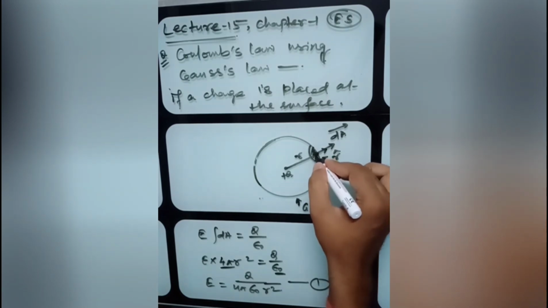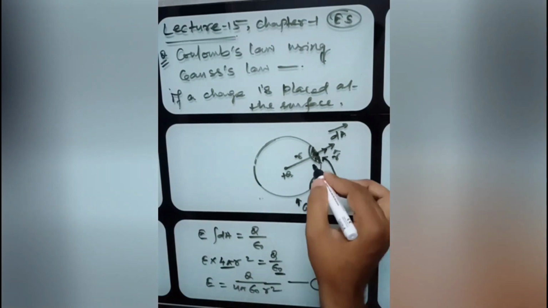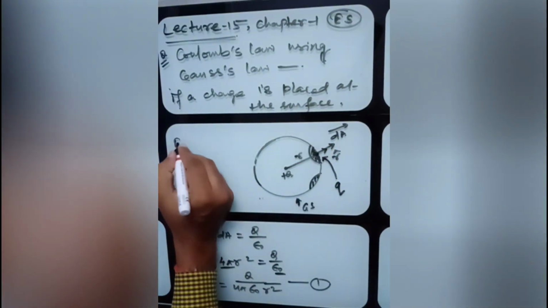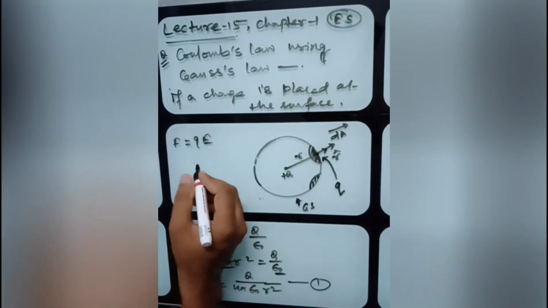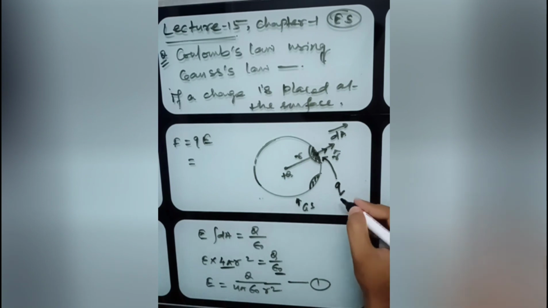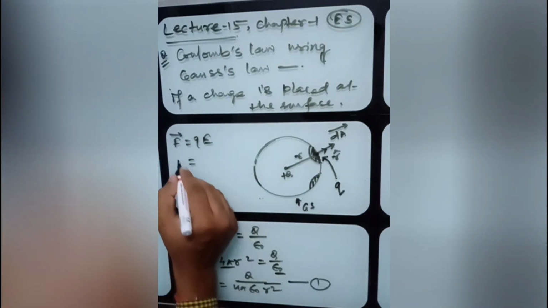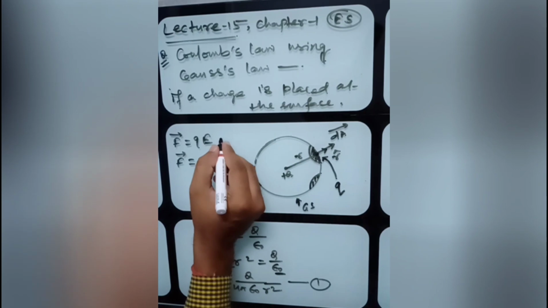Here the electric field is q by 4 pi epsilon naught r square. Any charge placed in an electric field experiences a force, and that force can be written as q times E, the field in which it is placed. Since we are considering a positive charge, the direction of force will again be radially outward.